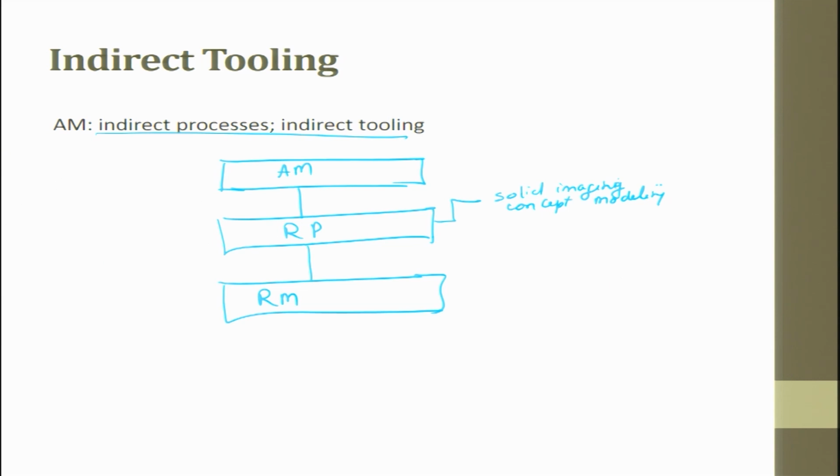This figure is very important. If you remember this figure, then it is very easy for you to understand the entire lecture of the first series, whatever we talk about. Functional prototyping, and then we had prototype tooling, then we had direct tooling, then we had direct manufacturing.